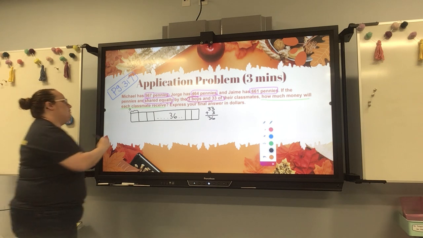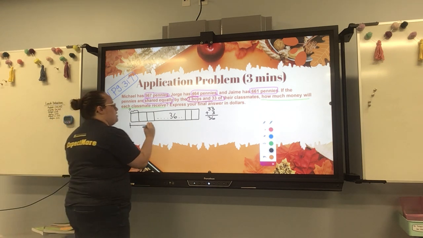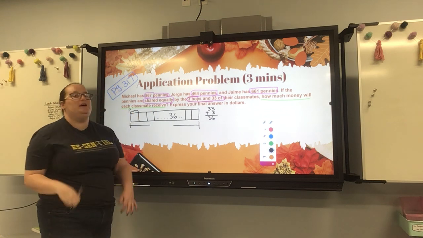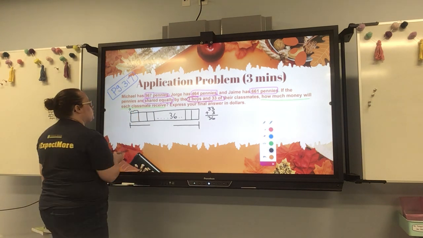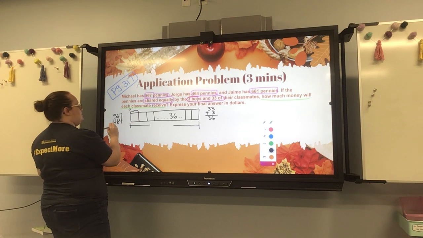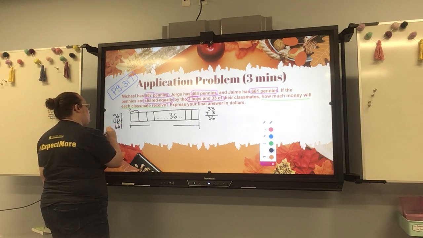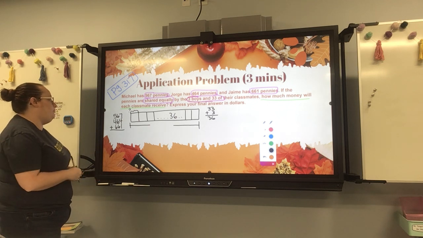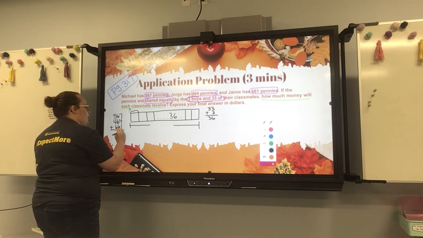So the other number that I would know would be my total. But to know my total, I have to do some addition first. So I would add up the 567 plus the 464 plus the 661. 7 plus 4 would be 11, plus 1 more would be 12.